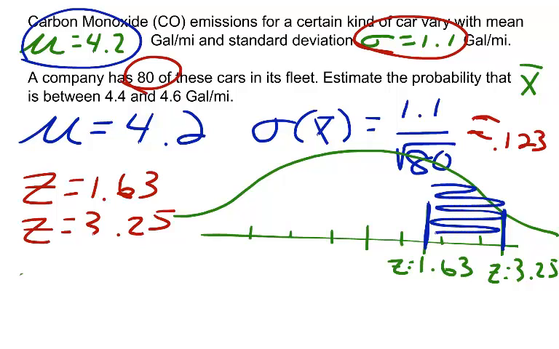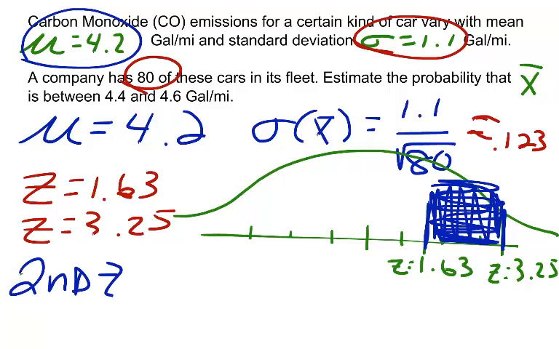We are interested in finding the probability or percentage that represents the region in between those values. Using a graphing calculator, type in the command second, distribution, which is above the variables key, and then again we're looking at that option 2, which is normal CDF.